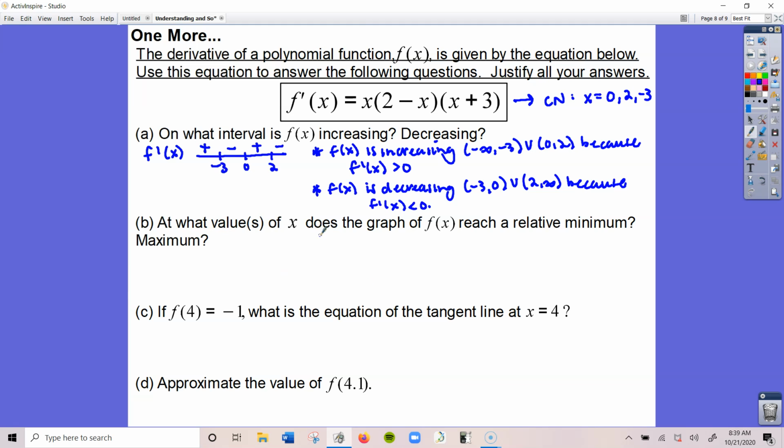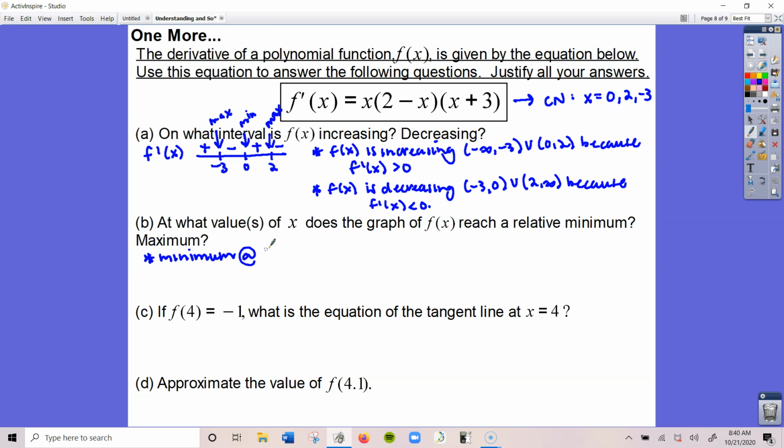At what values of x does the graph of f of x reach a relative minimum, and when does it reach a relative maximum? So let's start with the minimum. When I look here at my number line, this is a maximum because it changes from positive to negative. This is a minimum because it changes from negative to positive, and this is a maximum.